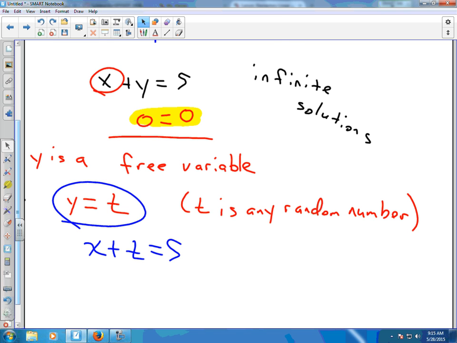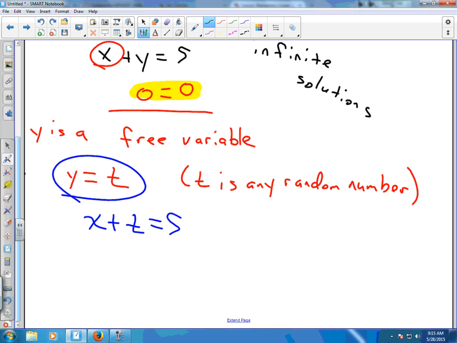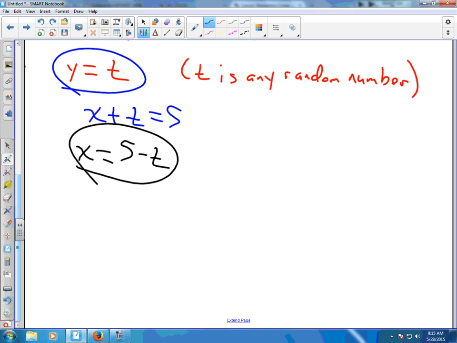So in terms of our solution set, if we subtract t from both sides, x would be 5 minus t. So if we write that as an ordered pair, x would be 5 minus t, y would be t.